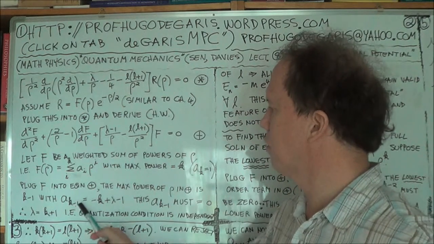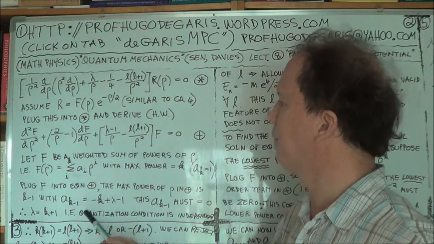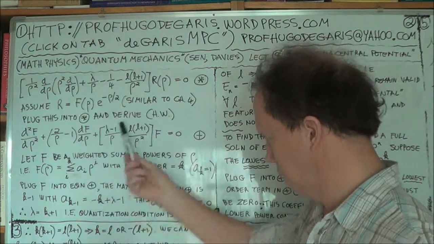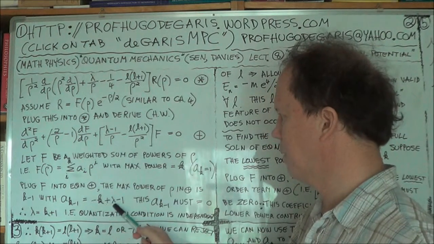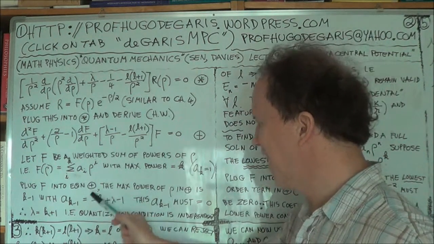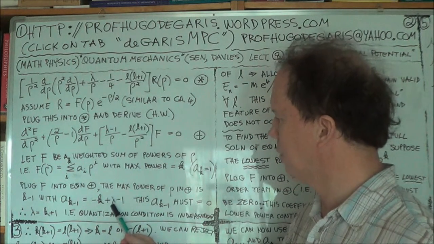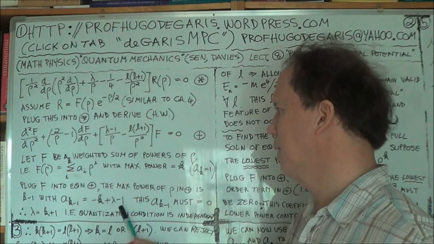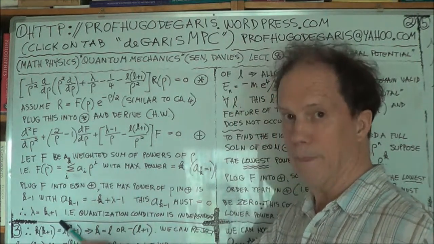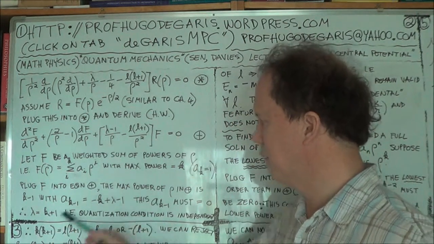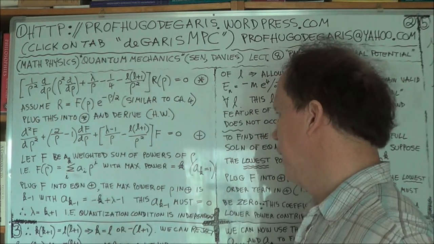Well, what's the coefficient of K minus 1? Well, we just did it. So it's minus K plus lambda minus 1. So that has to be 0. And that puts constraints on what lambda is. That means lambda is K plus 1. Okay? Because that's 0. So lambda is K plus 1.